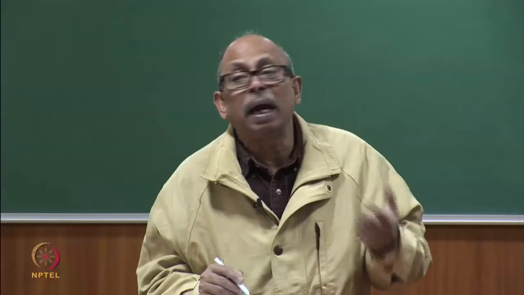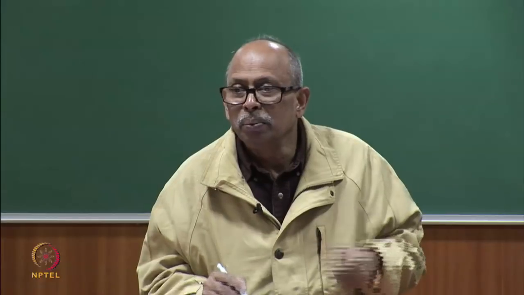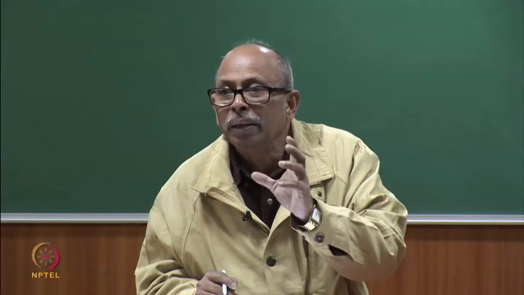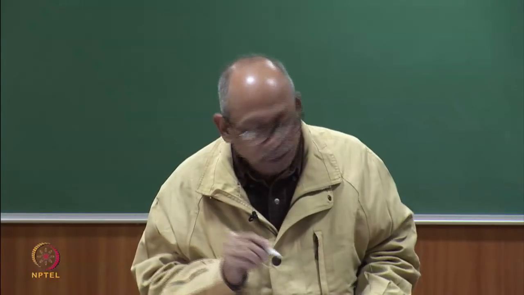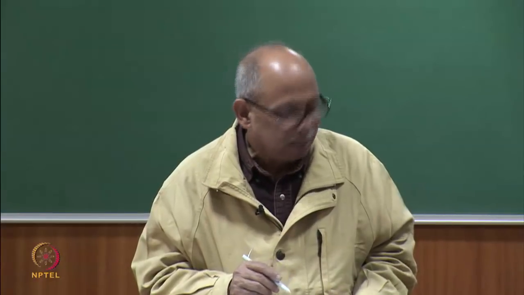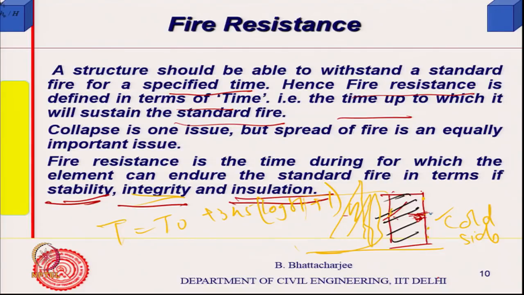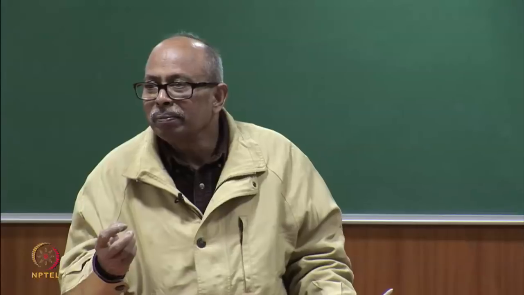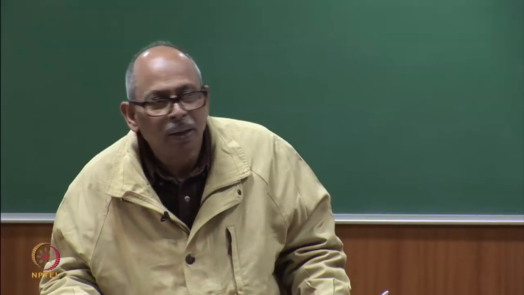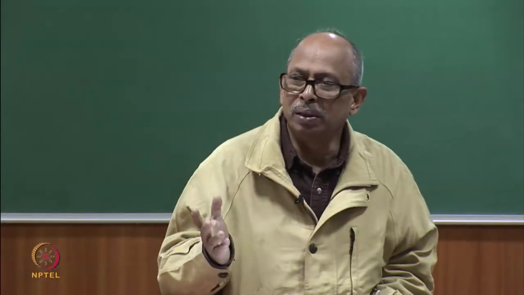If a crack develops, you put a standard cotton pad in front of the crack. If the cotton pad catches fire within a specified period of time, you say integrity is lost.